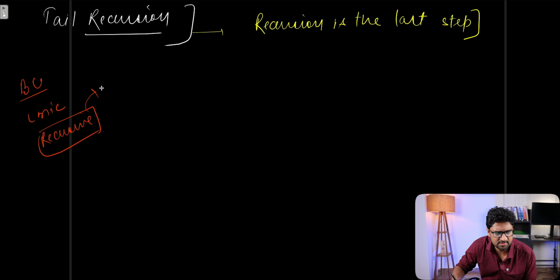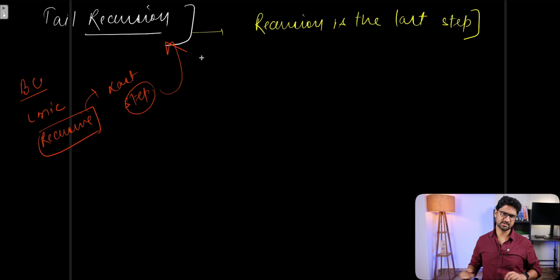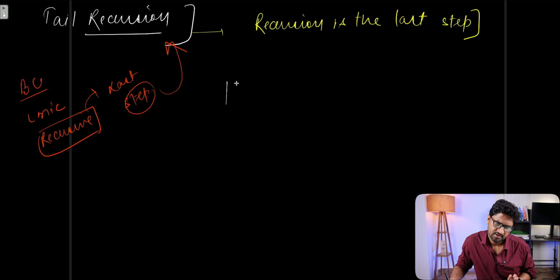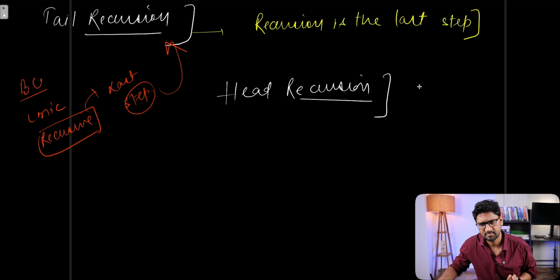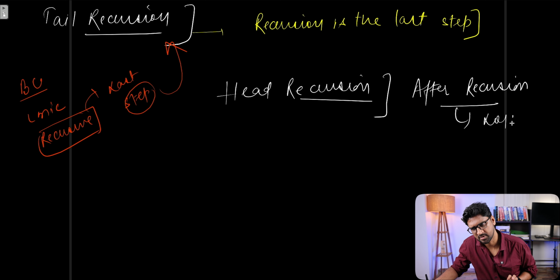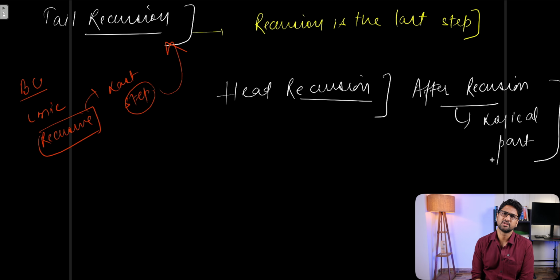When this recursive call is the last step, that is called tail recursion. On the other hand, a head recursion is one in which after the recursive step, there is a logical part. So if there is a logical part after the recursion, that is called head recursion. Let's see that with the help of a code example.